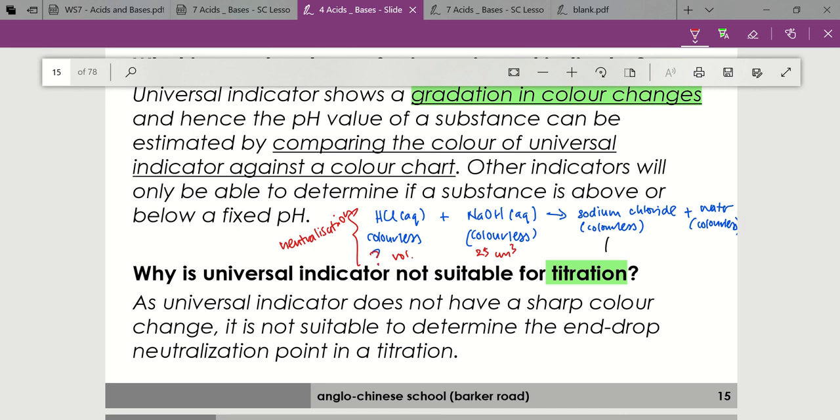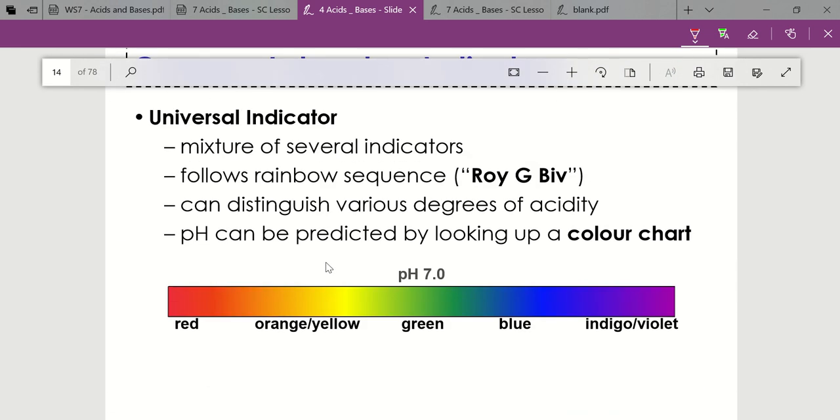And the observable change over here has to come from an indicator, because the indicator when added is able to let you see when it is acidic, when it is neutral, when it is alkaline. So an indicator must be used in this. But why is it that universal indicator is not suitable? If you go back to the colors of the universal indicator, let's say we start with hydrochloric acid.